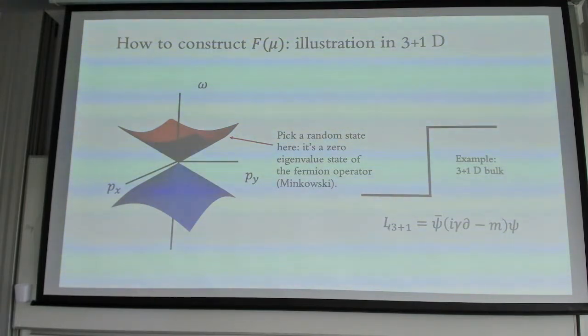And so my fermion operator lives in all of space-time. And if I wanted to look at the low energy spectrum of this fermion operator, I would just get these massless states on the boundary, right? And what you see here is that if I pick a random state here, it's a zero eigenvalue eigenstate of my Minkowski fermion operator, right?